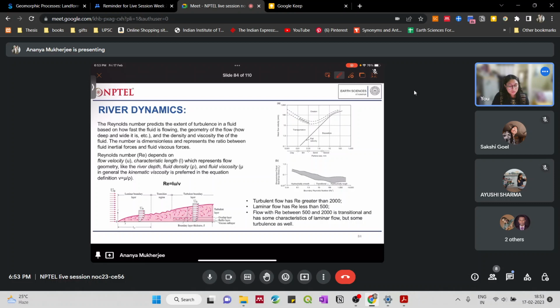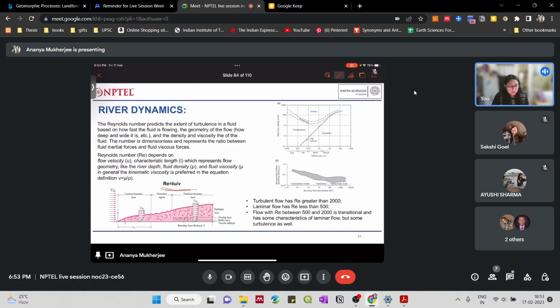This is the equation for it. It depends on the flow velocity, the characteristic length, which depends on the geometry and the depth, and the fluid density and the fluid viscosity. In general, it will also depend on the kinematic viscosity.